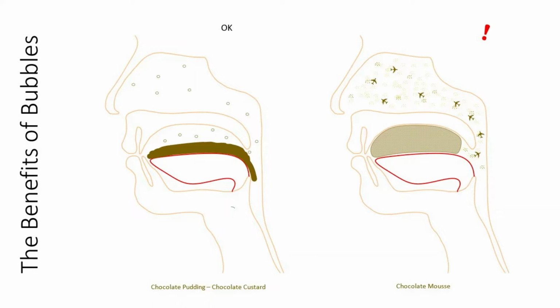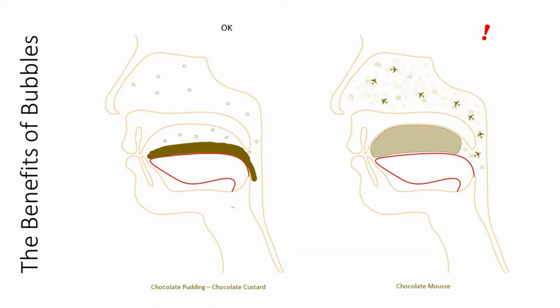Second is the bubbles are not pure air. With all that mixing, the bubbles contain aroma and flavor chemicals already released into the bubble atmosphere. As the bubbles pop in the upper parts of your mouth, the aromas get to your nose more quickly and intensely.